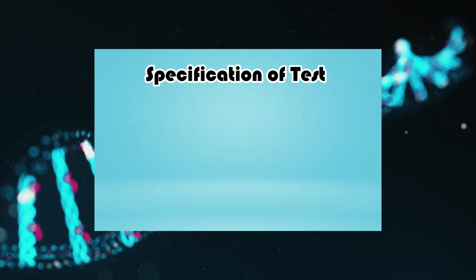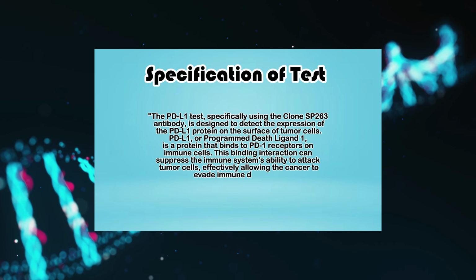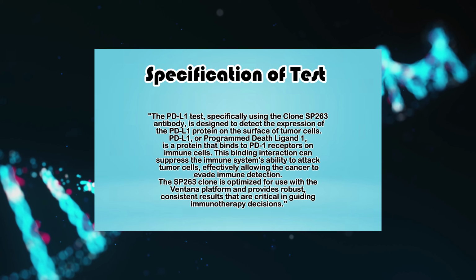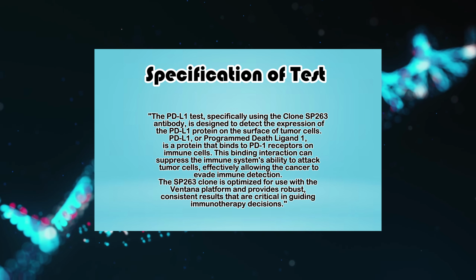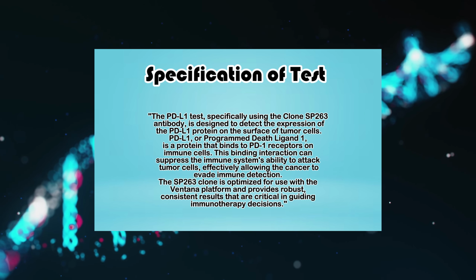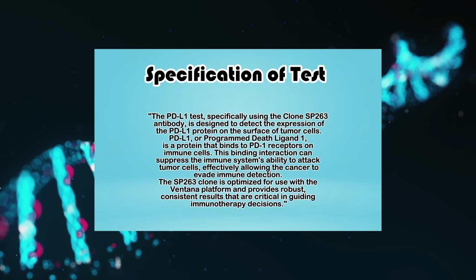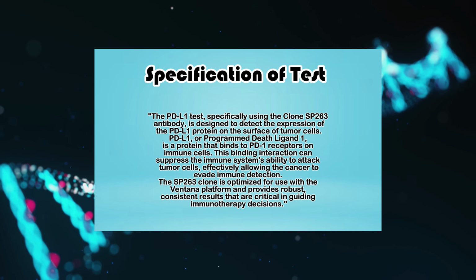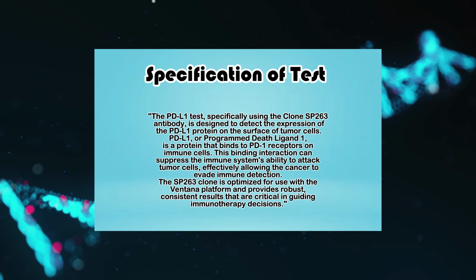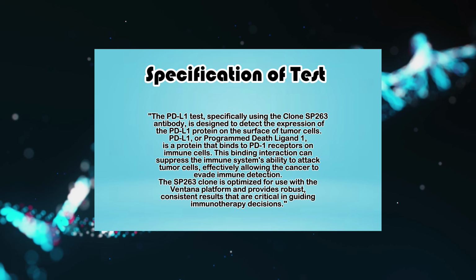Specifications of the test. The PD-L1 test, specifically using the clone SP263 antibody, is designed to detect the expression of the PD-L1 protein on the surface of tumor cells. PD-L1, or Programmed Death Ligand 1, is a protein that binds to PD-1 receptors on immune cells.